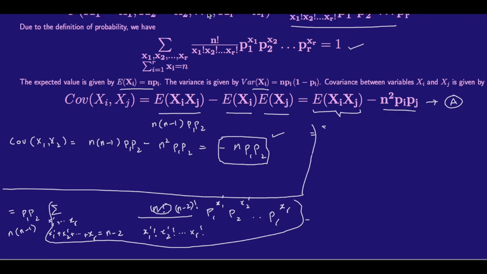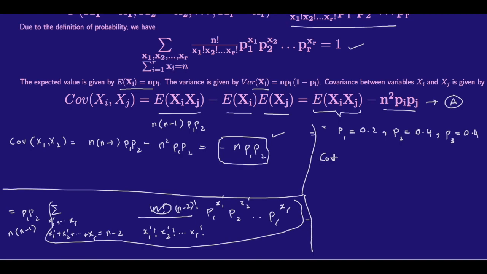Okay, so as an example, if we have n equal to 3 and p1 equal to 0.2 and p2 equal to, let's say, 0.4, then p3 is equal to what? Because they should sum to 1, right? So this should be 0.4 again. If this is the case, then we have the covariance matrix.